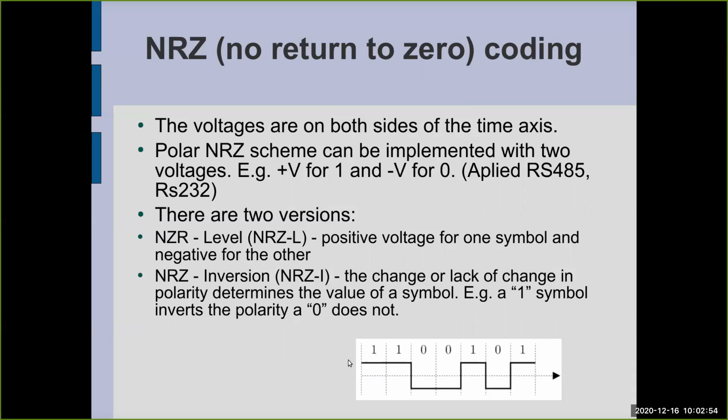So this method works like I told you that every bit is coded using a particular voltage value. So we have high value for bit equal to 1 and low voltage for bit equal to 0.